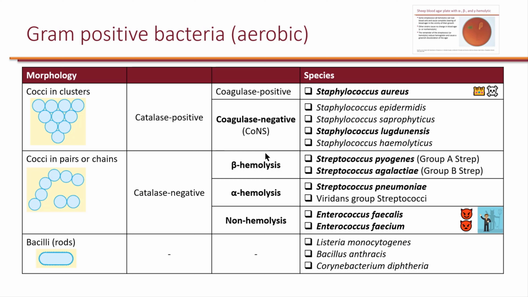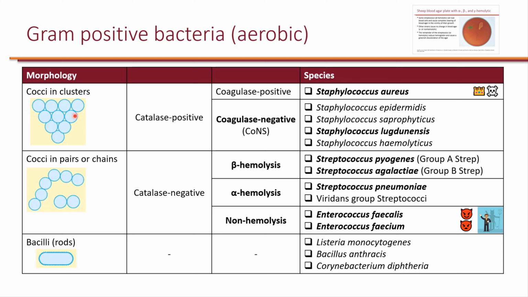And then with gram-positive specifically, we can look at morphology. So morphology is basically the shape of these and how they group together when you look at them under the microscope. So essentially, we can see cocci, which are circular in shape, and they can be in clusters.